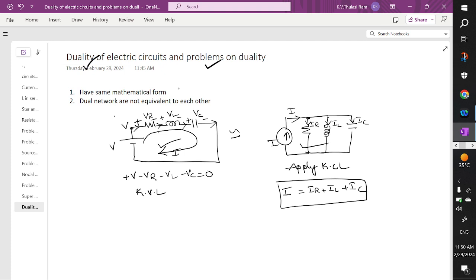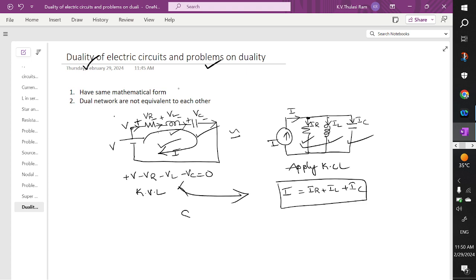So here you have the resistor in series, here you have the resistor in parallel; here you have the inductor in series, here you have the inductor in parallel; here you have the capacitor in series, here also you have the capacitor in parallel. That's how we can replace one network. They have the same mathematical form.